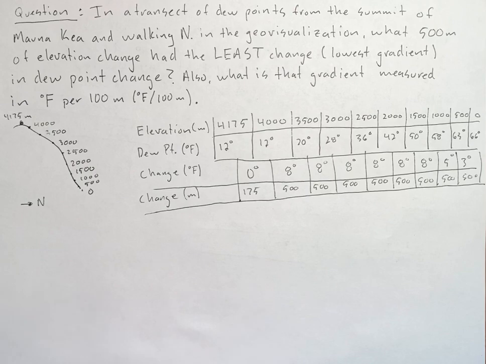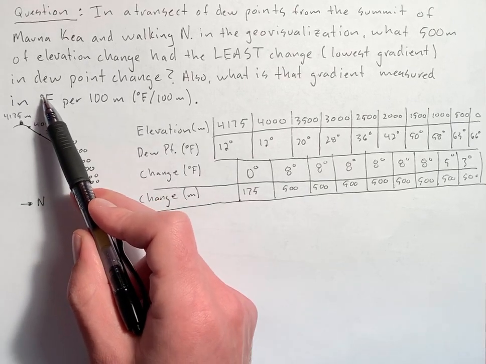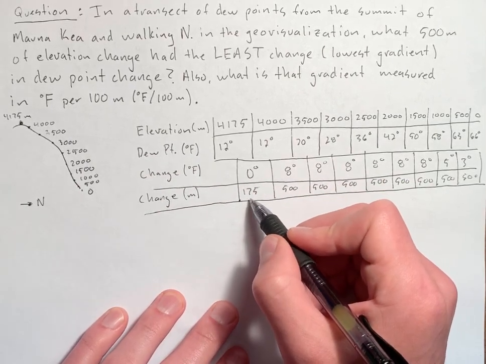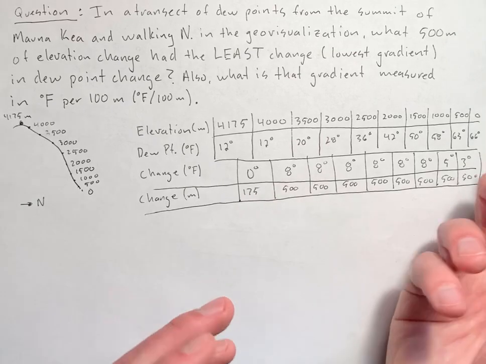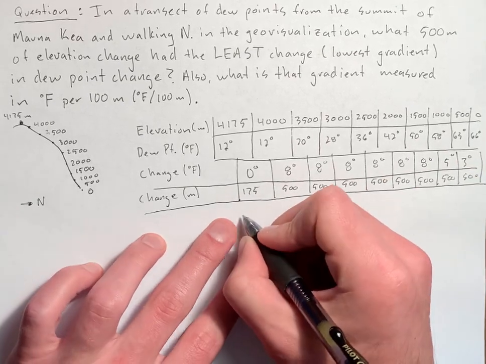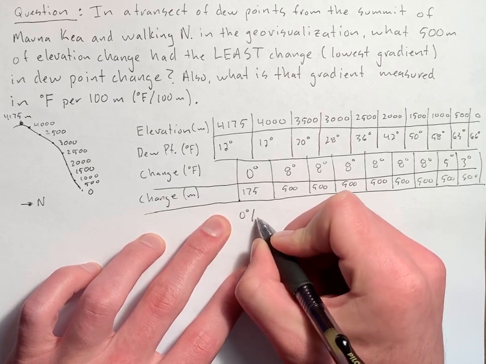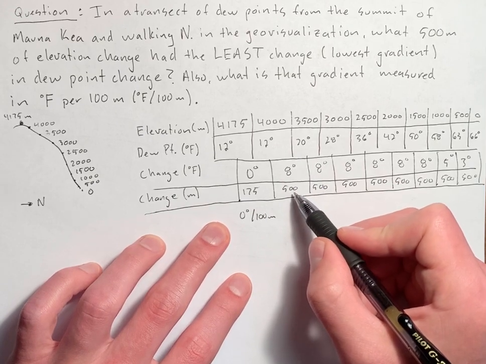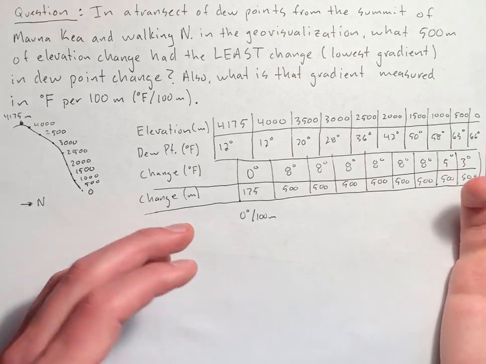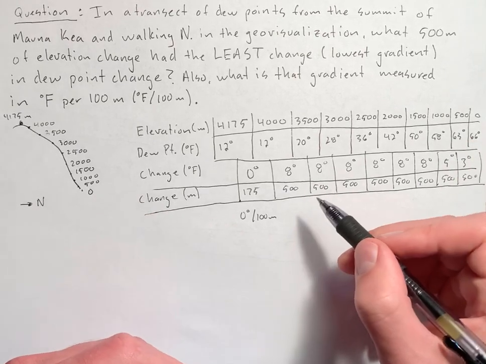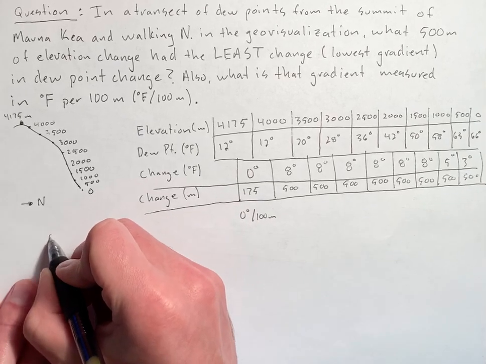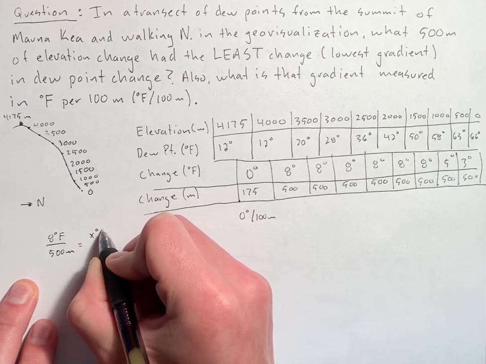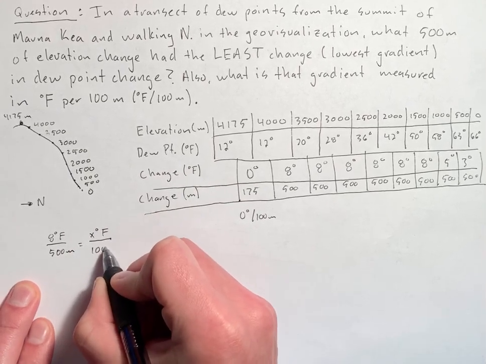So now we need to know our gradient in degrees Fahrenheit per 100 meters. So our change here is 0 degrees every 175 meters. So that's just 0 degrees per 100 meters. Here, it's 8 degrees every 500 meters, which if we do a little bit of cross multiplication, 8 degrees Fahrenheit over 500 meters equals x degrees Fahrenheit over 100 meters.